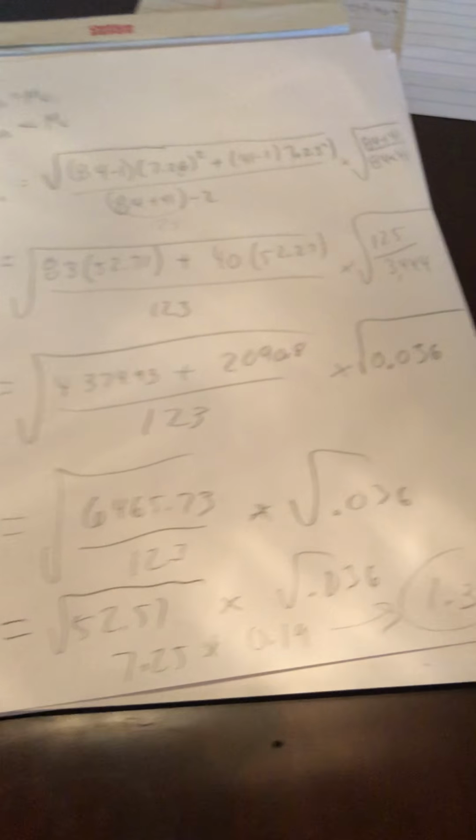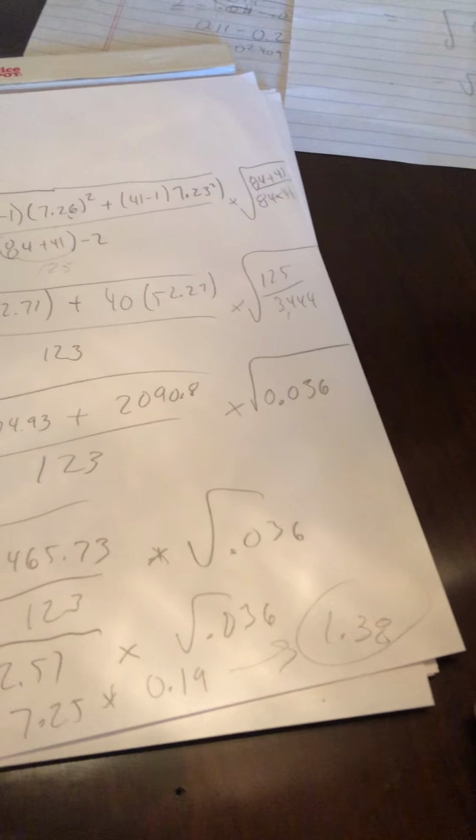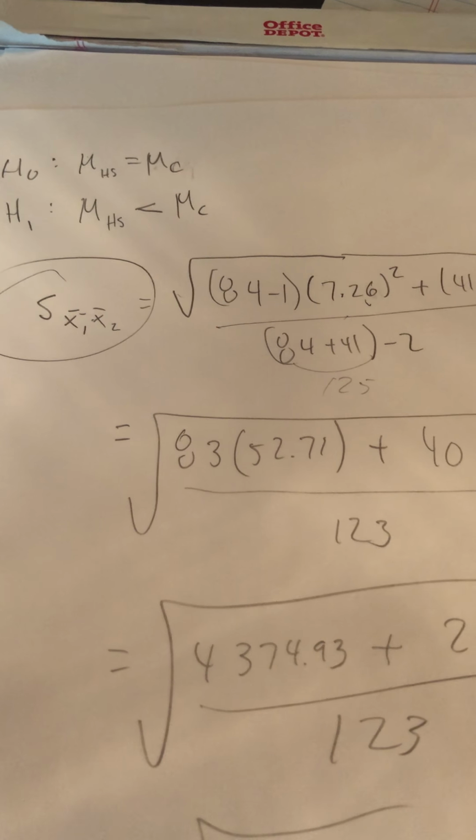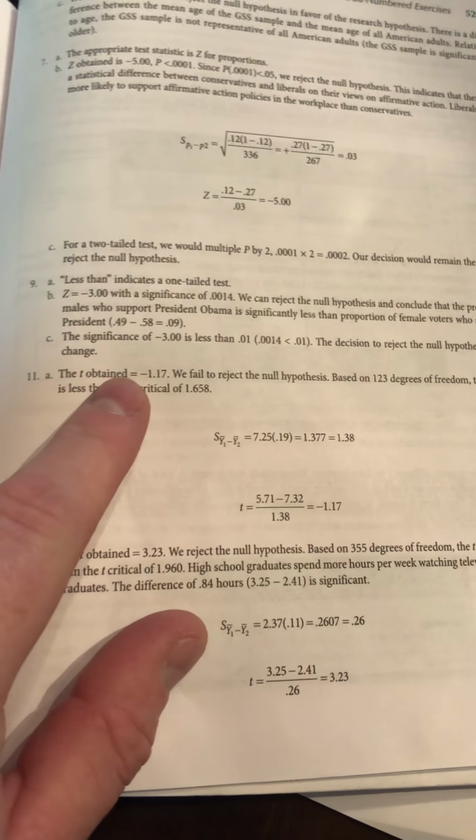And hopefully by the end of this, you're thinking, what the heck is the 1.38? That's your estimate for the standard error of the differences. Okay, so now it becomes really easy, and I'm going to flip to the back of the book and show you where the book made some oversights. But here's the example worked out in the book. Right?